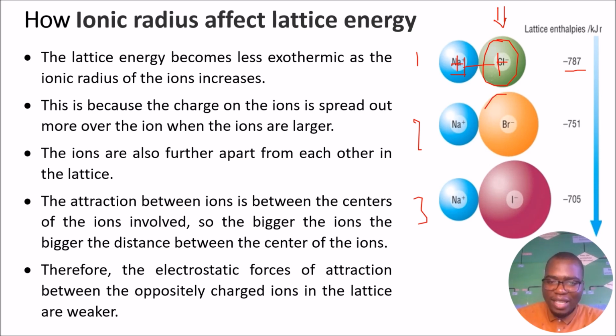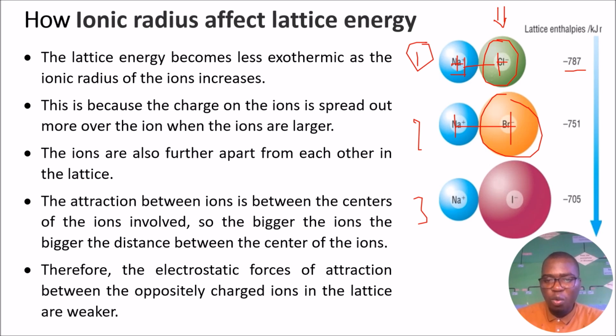When the size increases a little bit, it means the distance between the positive charge and the negative charge has increased. The increase in the distance means that the electrostatic forces of attraction have weakened a bit compared to scenario number 1. Therefore, the energy here has become less negative compared to scenario 1.